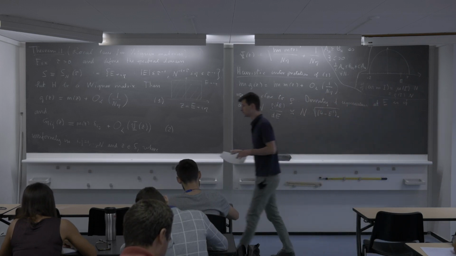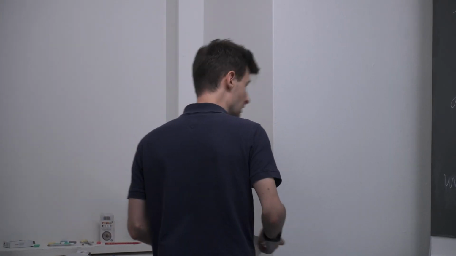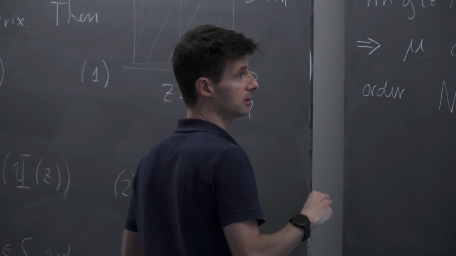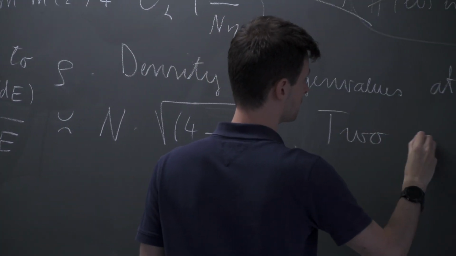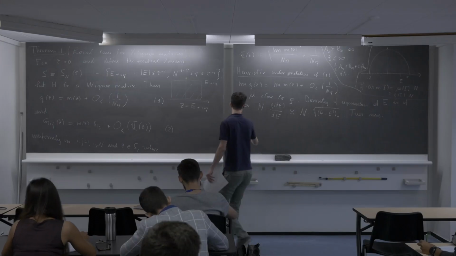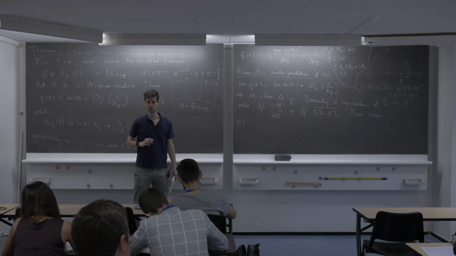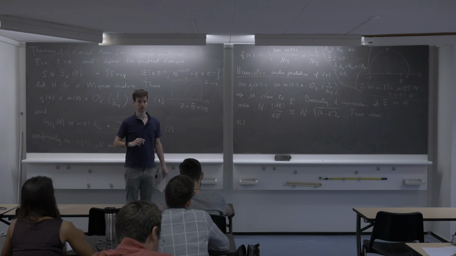Okay. So let's try to figure out from here what the typical eigenvalue density is, and I will in fact consider 2 cases. If you look at any random matrix theory book or anywhere in the literature, people are always talking about 2 different types of statistics.